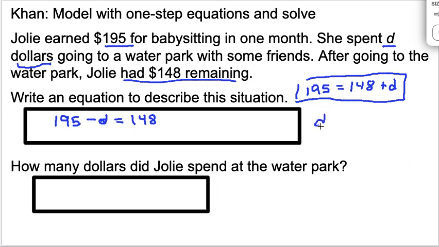So the dollars she has is equal to 195 minus the 148, which would end up giving us that answer of, so that would be 140, or one.